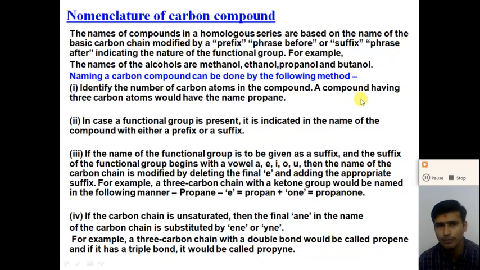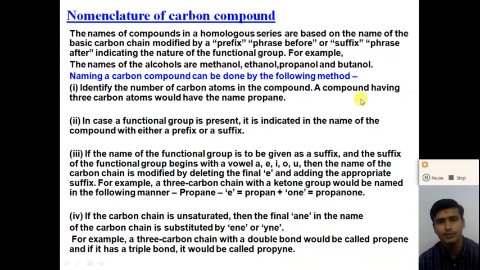A compound having one carbon atom would have the name methane. A compound having two carbon atoms would have the name ethane. Three carbon atoms, propane. Four carbon atoms, butane. Five carbon atoms, pentane.